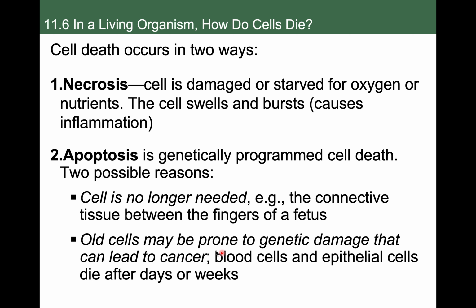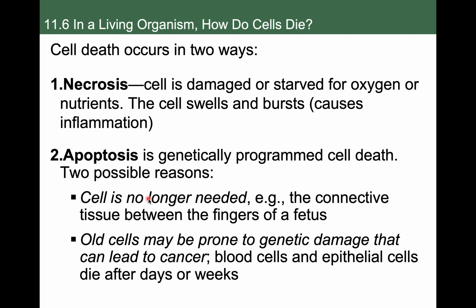Whereas apoptosis is often called programmed cell death or cell suicide. And I use the analogy of it's like a mob hit where the cell is just disappeared, right? There's going to be no trace of it. And apoptosis can happen if a cell is just not needed anymore.